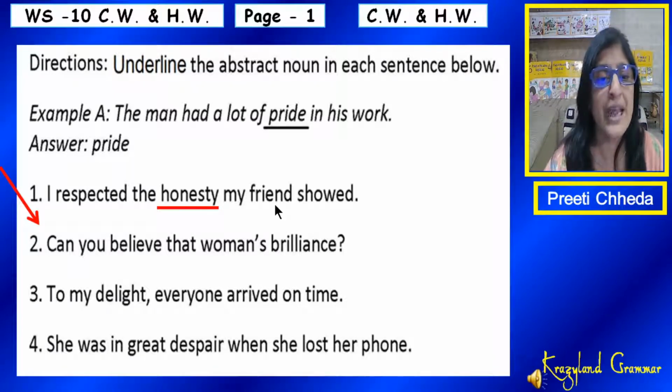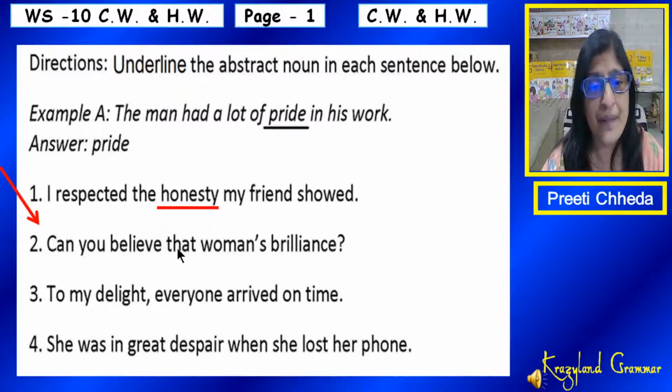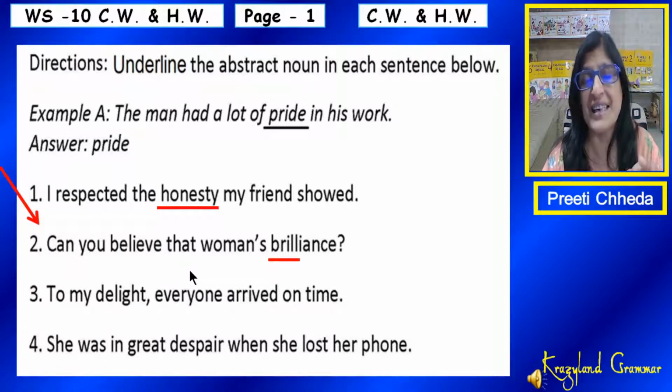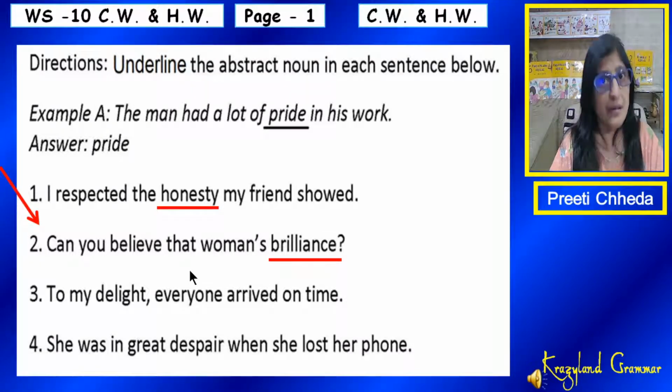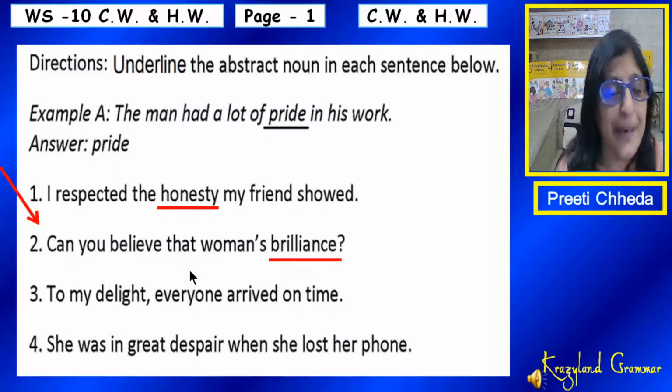So number two, can you believe that woman's brilliance? Can, no. You, no. Believe, no. That, no. Woman's, no. Brilliance, yes. Brilliance is a synonym of intelligence. Brilliant people have brilliance, right? So clear. I hope you are understanding.